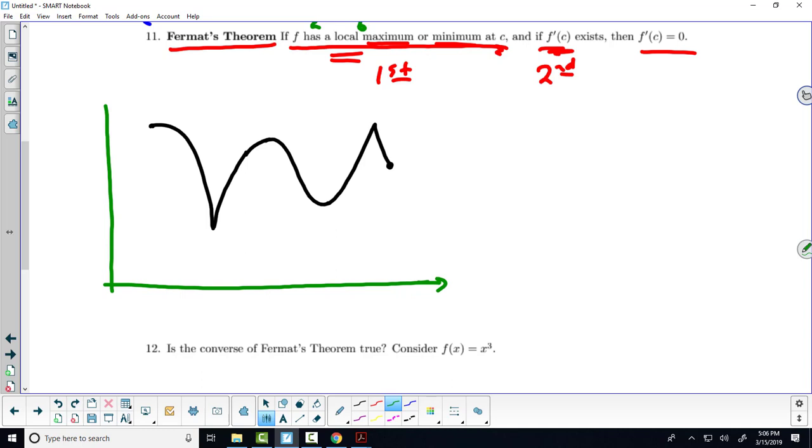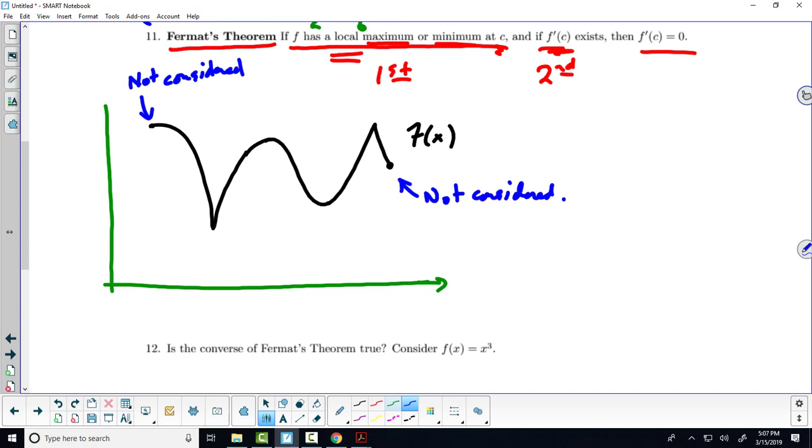Here we've got a function. It's kind of an interesting looking function. Let's call it f of x. First of all, we're only going to consider interior points, so we're not going to consider this, because we're only interested in local maximums and minimums.